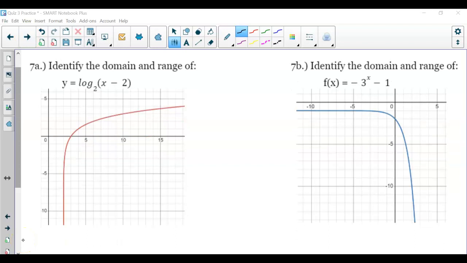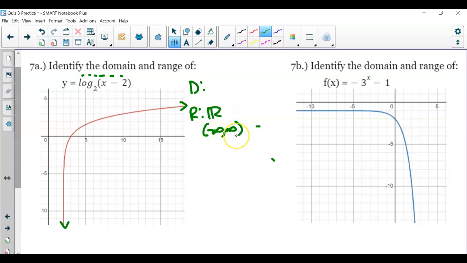Now in these next 2 questions, we're practicing identifying the domain and range. So here, notice with our domain and range, we do have a log function. So this log here, notice how it is constantly going up because it's slowly but surely increasing and constantly going down. So here our range is all reals, or again, negative infinity to infinity.